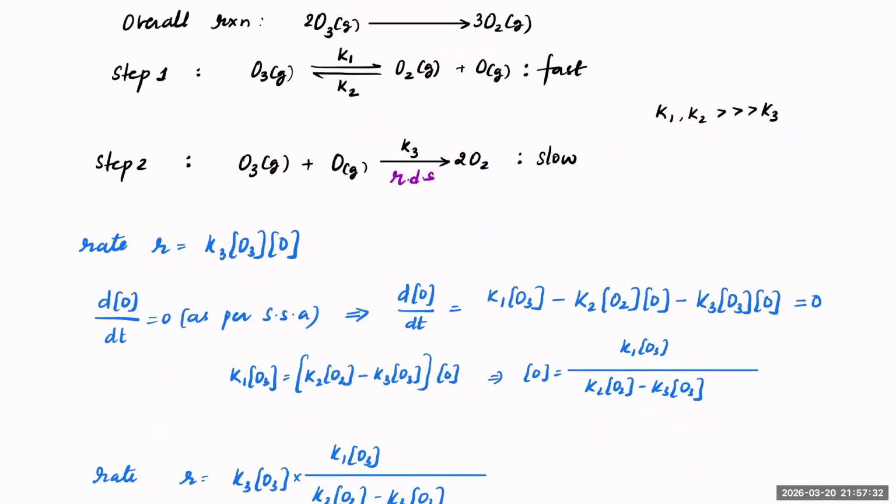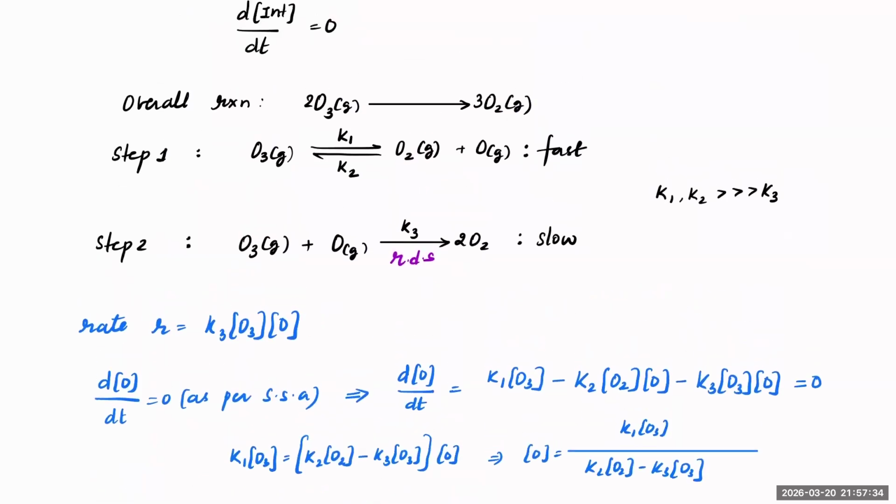Usually, when you have equilibrium reactions, the forward reaction and backward reaction go faster to attain the equilibrium faster, because it is a fast step. So we definitely expect that the forward and backward reactions are happening faster. And this reaction is slower, so we expect that this value should be lower. So K1, K2 values are generally very high compared to K3.